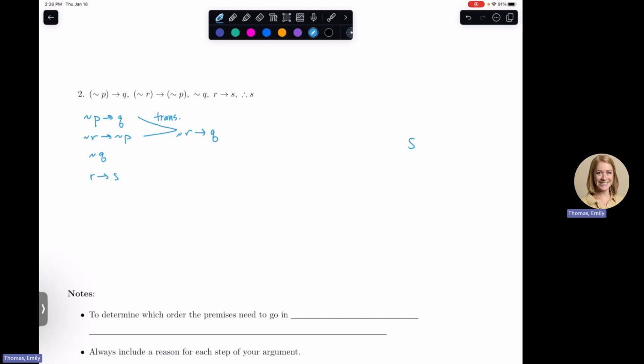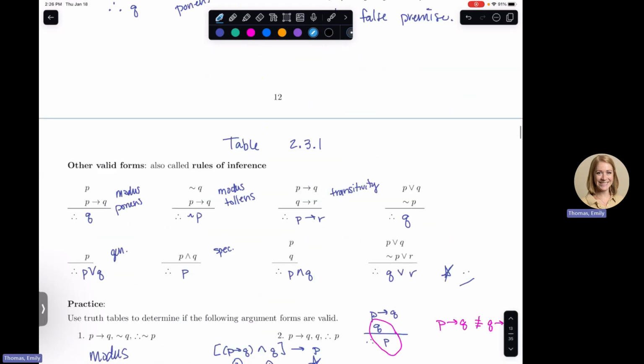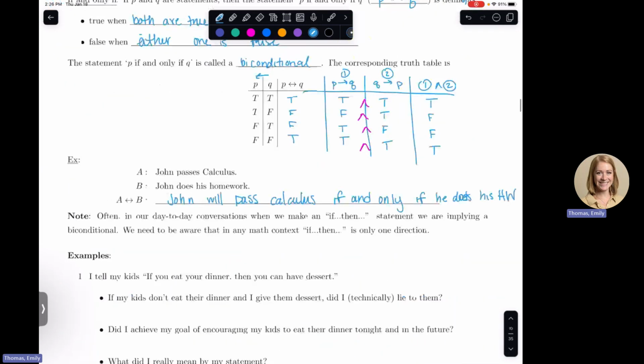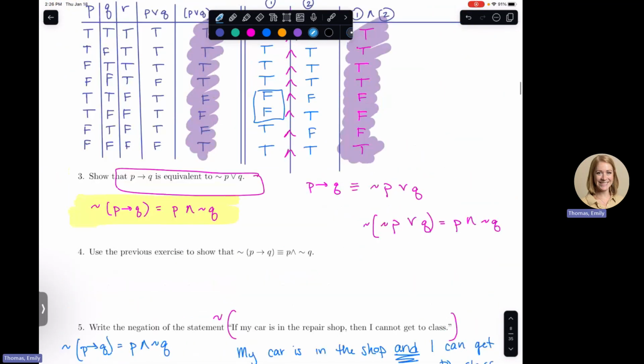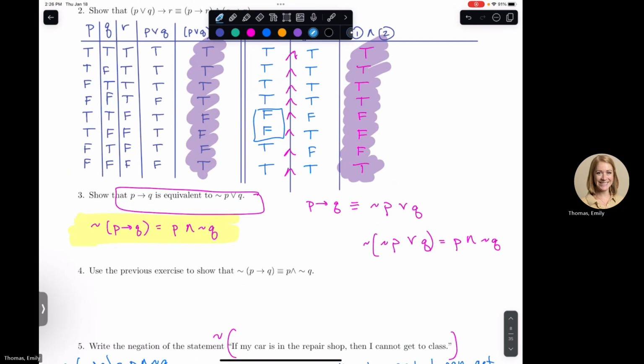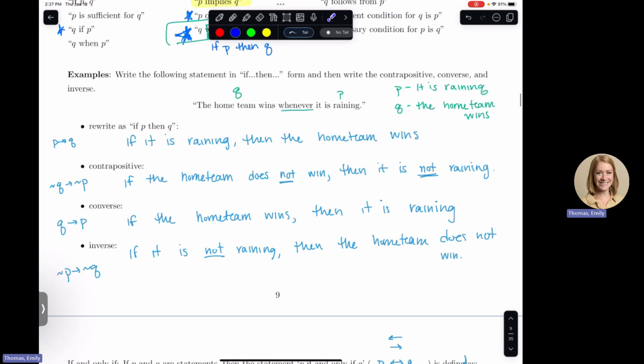You could rewrite that implication as an or statement, right? What is the conditional equivalent to if you don't negate it? Right? It's equivalent to not P or Q. Oh, that's what I was trying to get at. Yeah.